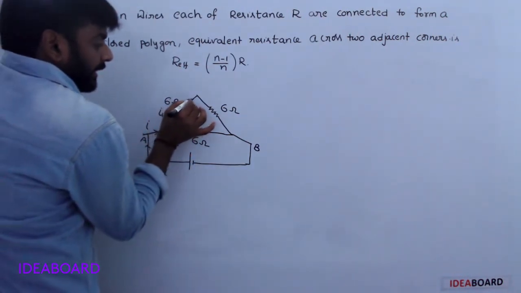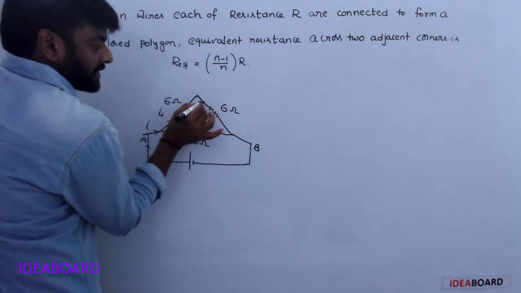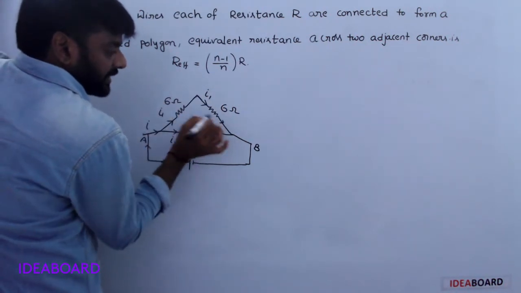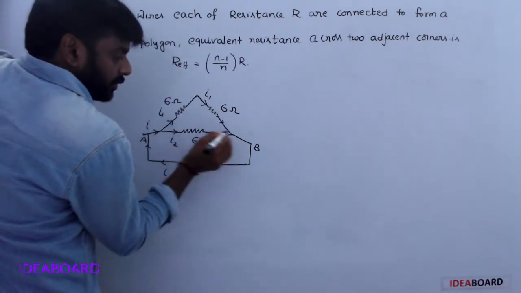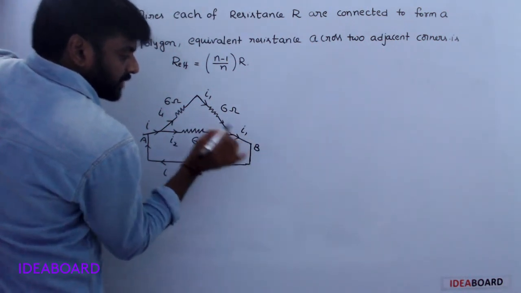At the split there is no junction, so the same current passes through this one. Through this one, current I2. Again both are combined, and the same current comes outside.